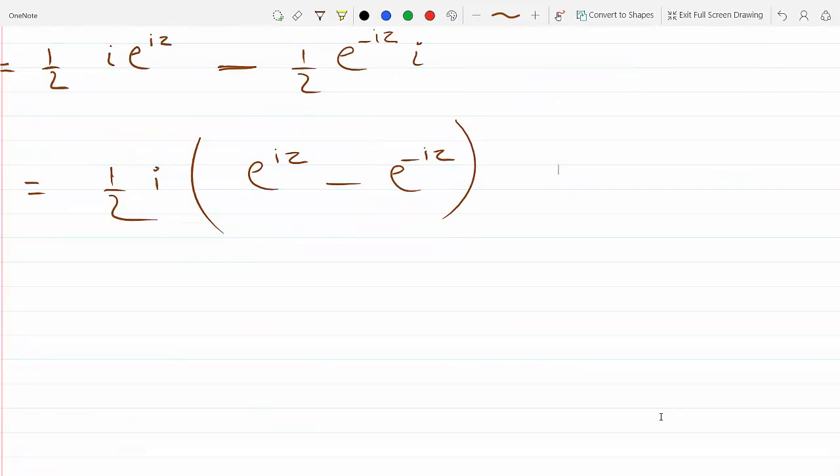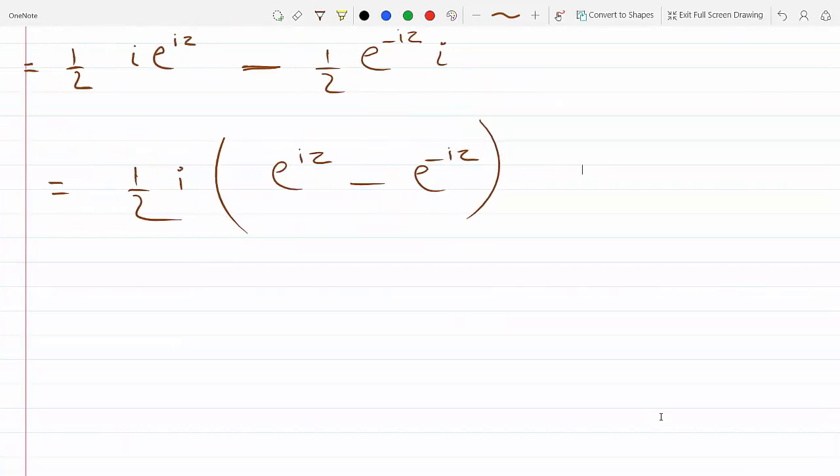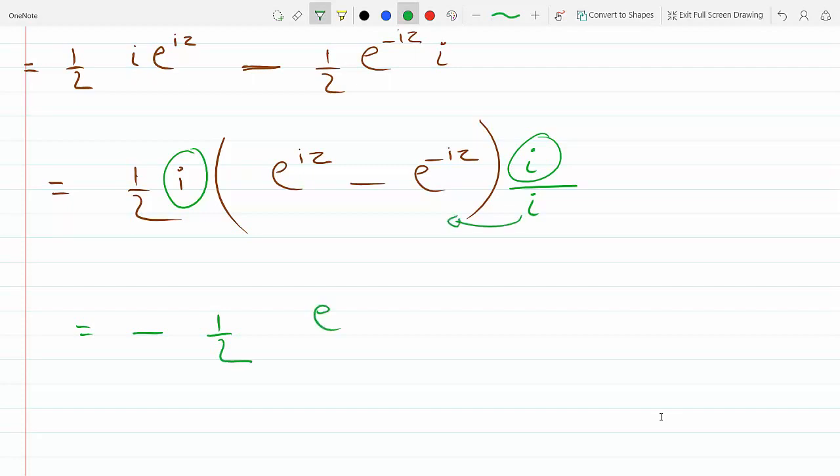So to turn it around, I'm going to multiply here by i and down here by i. And so if I combine these two i's here, I will get i squared, which is minus 1, so minus 1/2, and then I'm going to pull this i to the denominator of these, e to the iz minus e to the minus iz, all over, let me borrow this 2 and just make this 2i.